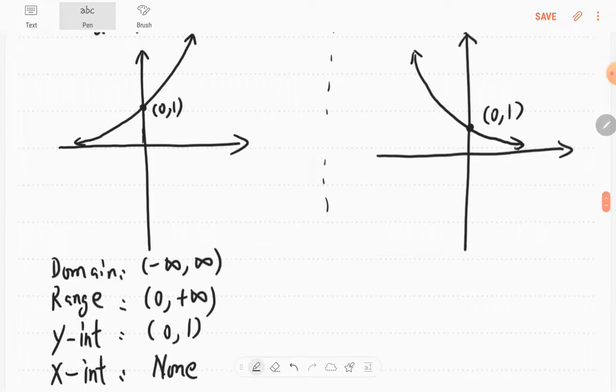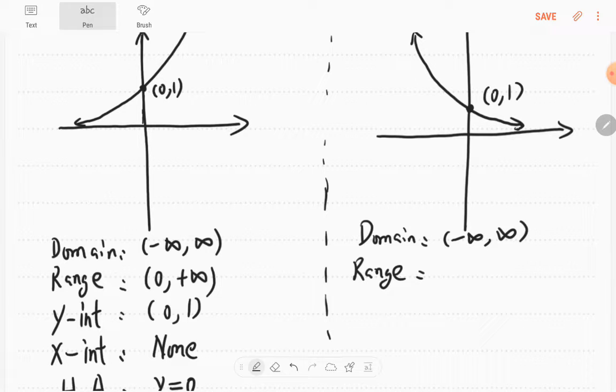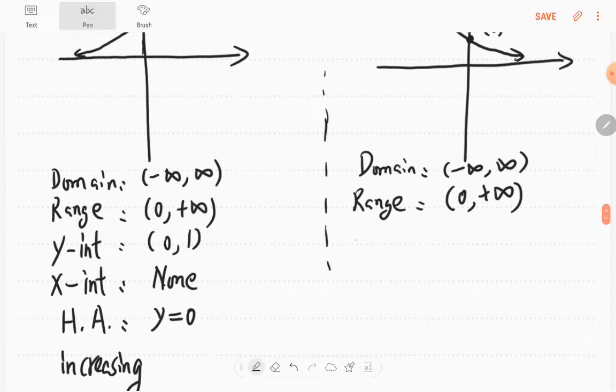So the same thing, let's look at the domain. The domain corresponds to all the x values, so it's from negative infinity to infinity. The range is above the x-axis but never touches the x-axis, so it's from 0 to positive infinity, with a parenthesis on 0. The y-intercept is still (0, 1), right?